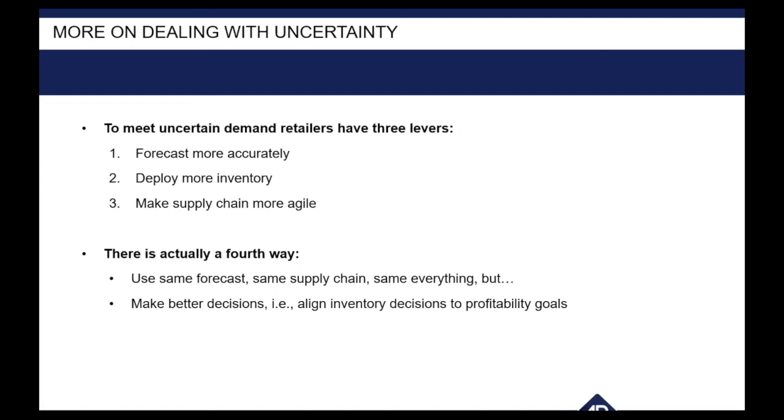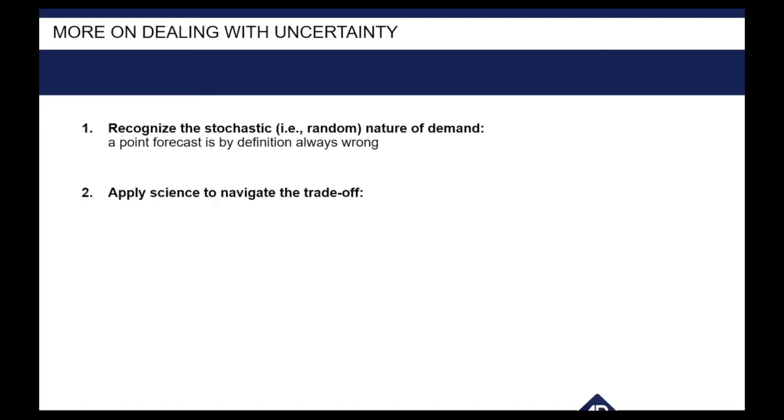It's almost like using the same ingredients, but using a better recipe to achieve a better outcome. And the trick there is to align inventory decisions to global profitability goals. Well, how do we do that?